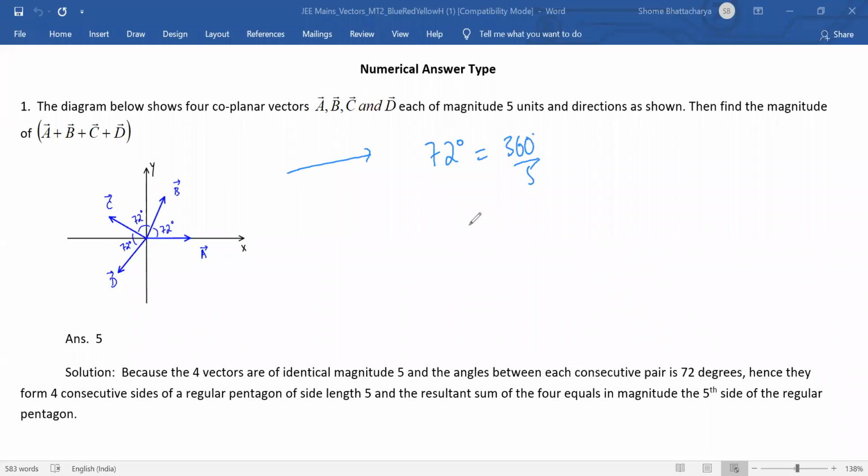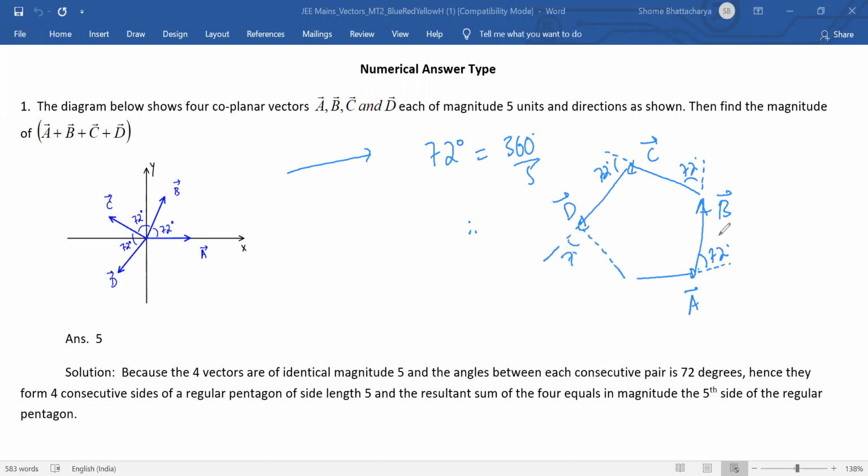Okay, so therefore, if you draw, okay, they will all form four sides of a pentagon of magnitude 5. Okay, so here you can see what is the resultant going to be.